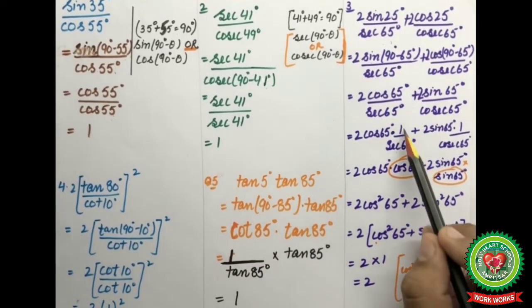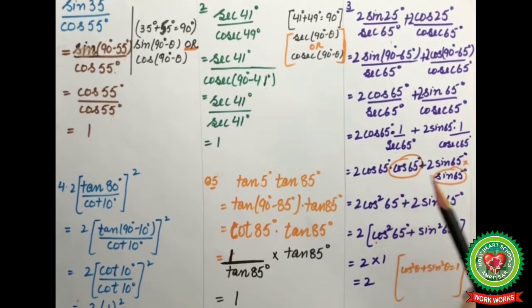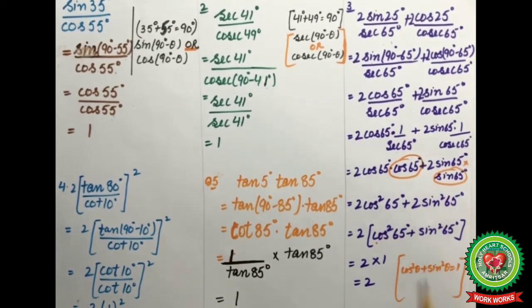Now 1 upon secant 65 degree is equal to cos 65 degree and 1 upon cosecant 65 degree is equal to sine 65 degree, because secant and cos are the reciprocal of each other, and cosecant and sine are the reciprocal of each other.